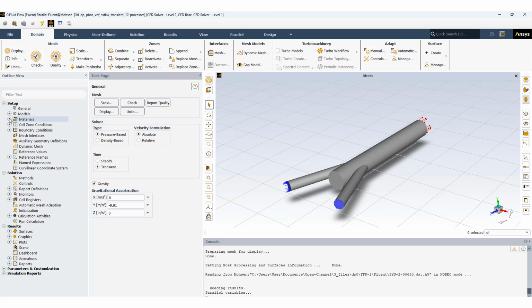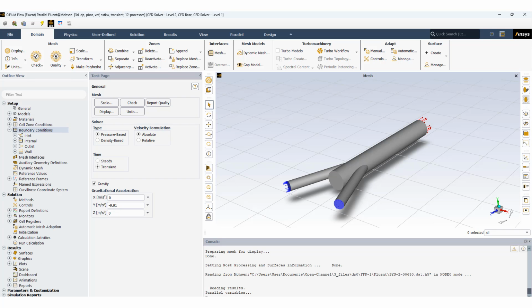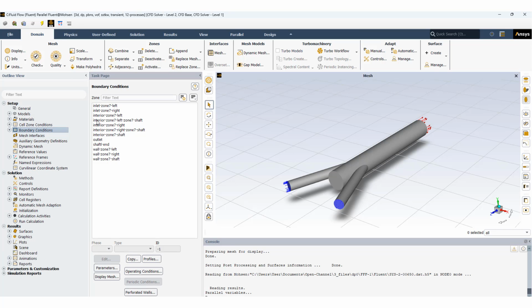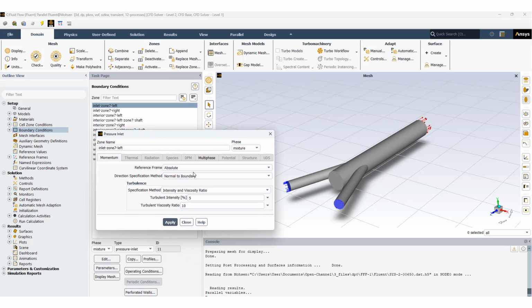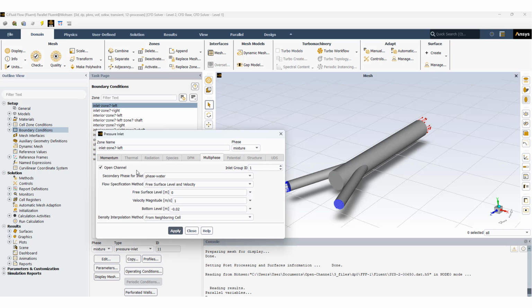And material, let's check boundary conditions for the inlet. Okay, again, pressure inlet here. I just keep it as is. I activated open channel option here.